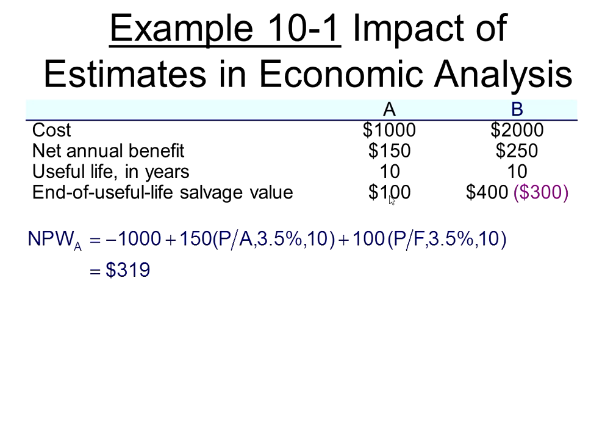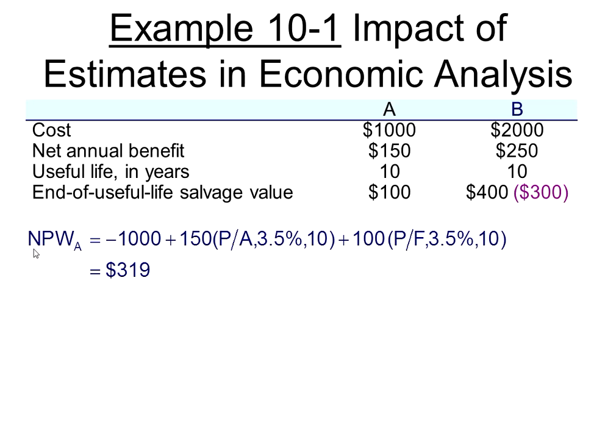And then at the end of 10 years, we have the single value, which is salvage value. That's actually a future amount with respect to the beginning of the project. So that's at the end of 10 years. So that's a future amount. And so this 100 is an F. We want to find its P equivalent, or present worth equivalent.